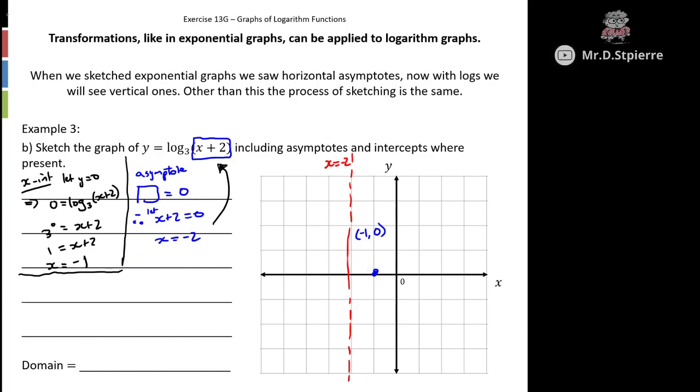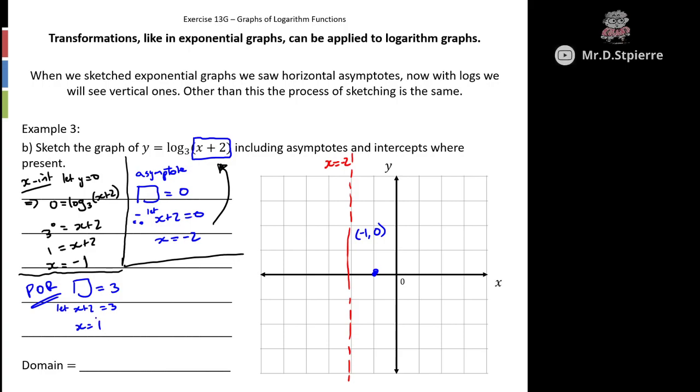And the last bit is my point of reference, and we're going to be tactical with that as well, like we mentioned. I'm going to make my box equal to the base, so that's going to be 3 this time. So we'll let x plus 2 equal to 3, so x is equal to 1.